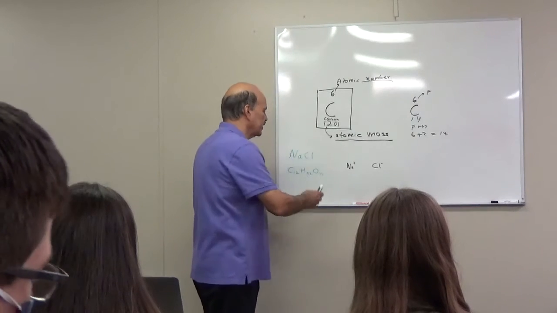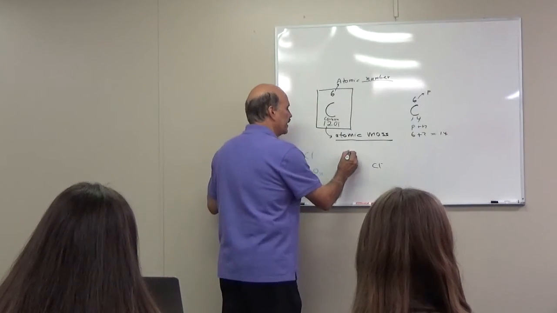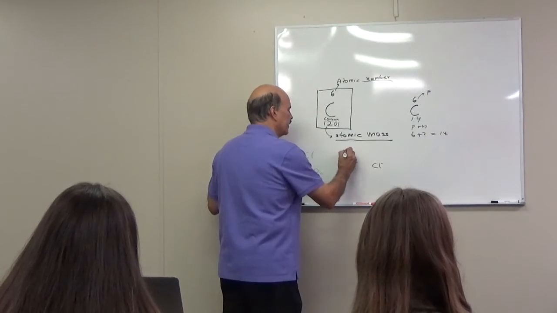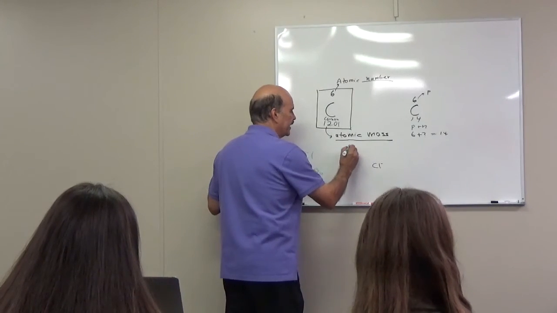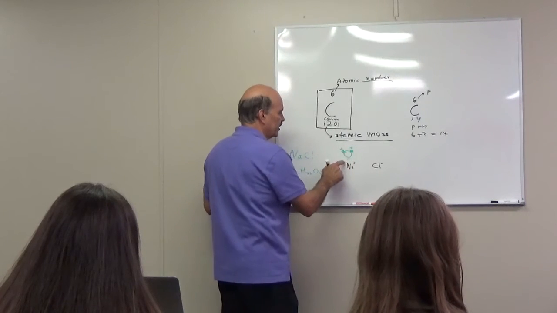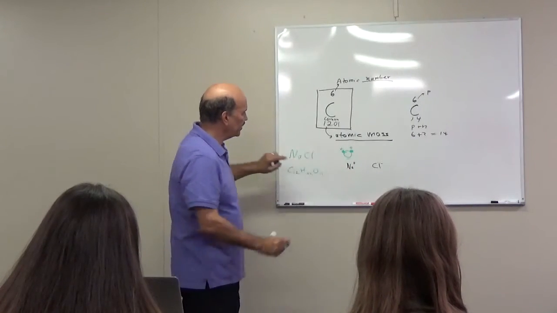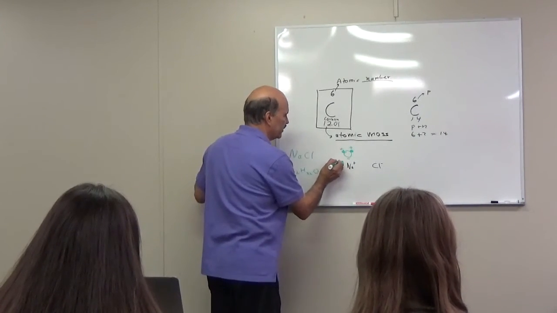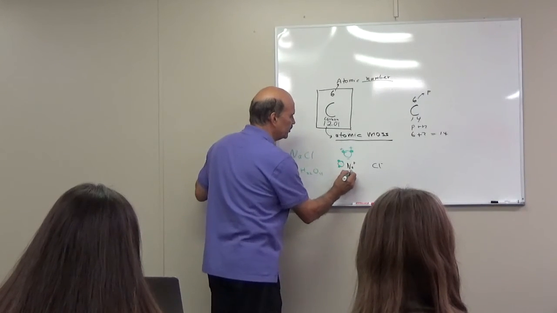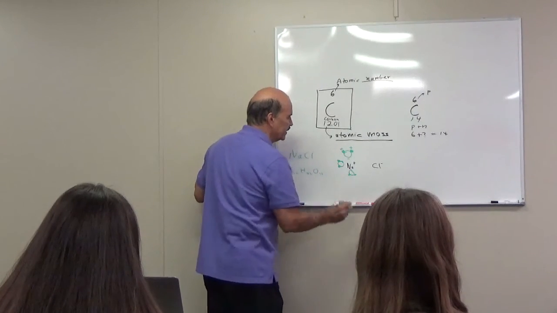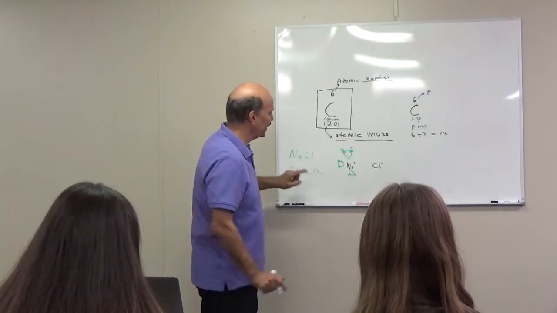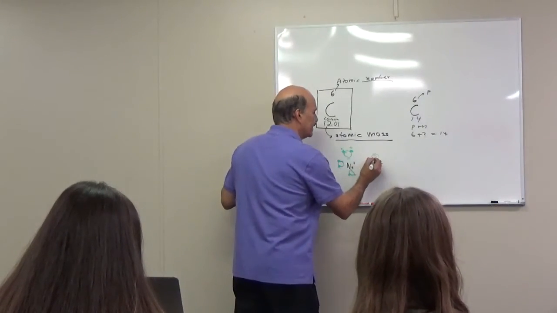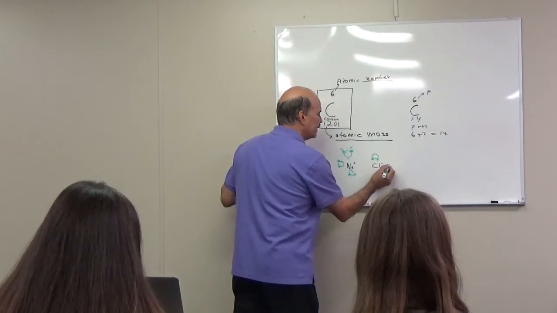It's not a chemical reaction, but each one of these is surrounded by water molecules. Here's the hydrogen, and that's oxygen. This is the negative charge, and this is the positive charge. The oxygen is going to be closer to the sodium because opposite charges attract. The sodium has a positive charge, so it's surrounded like that. Chlorine is surrounded, but it looks like this.